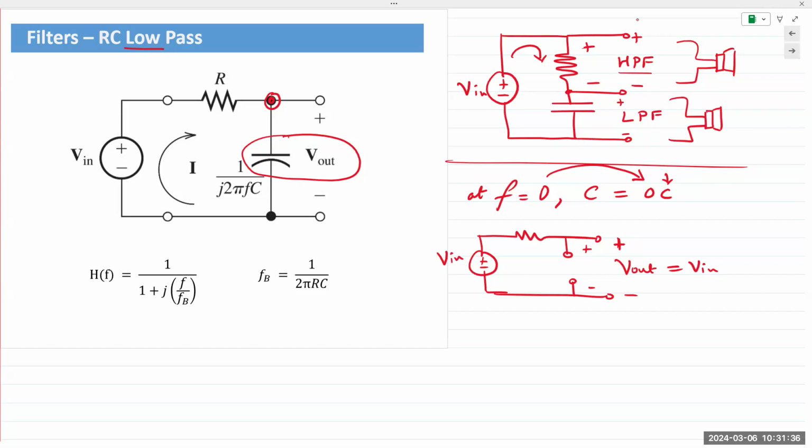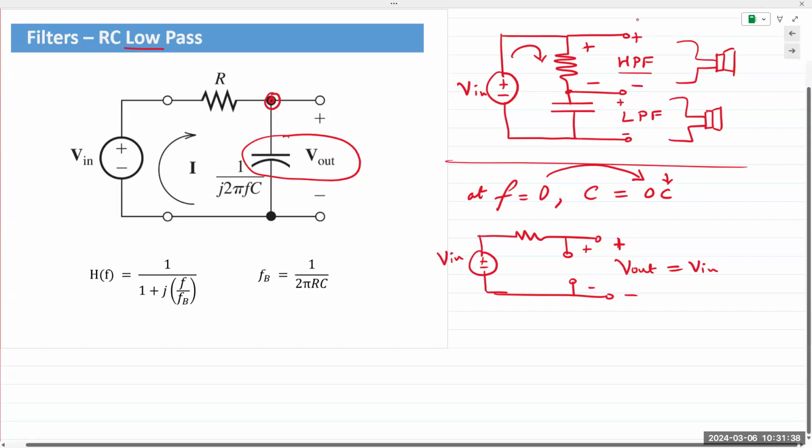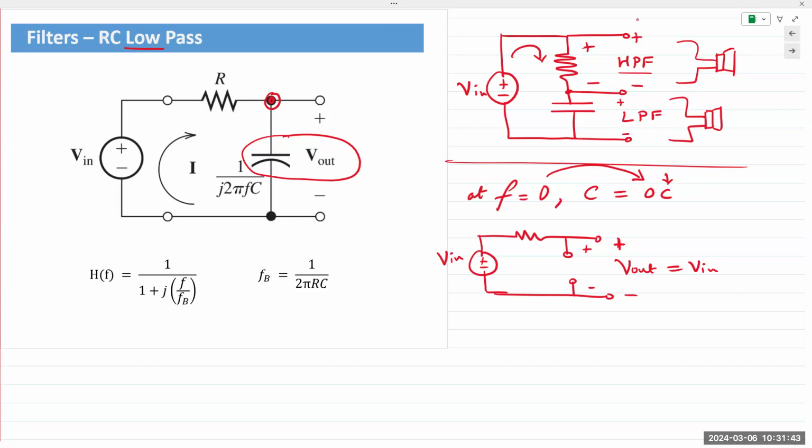The input signal that we are applying to the circuit has a frequency equal to 0. So if you apply, let's say, hundreds or thousands of different signals here, V in, the frequency varies. If V in has a frequency that is equal to 0 or is very, very low, then the capacitor will have very high impedance.